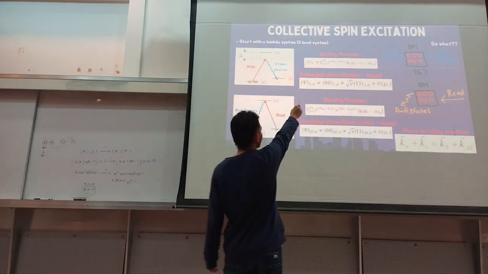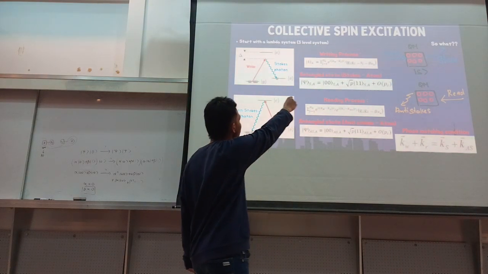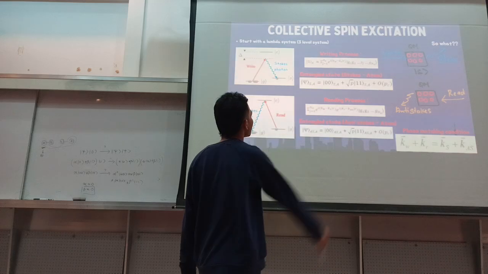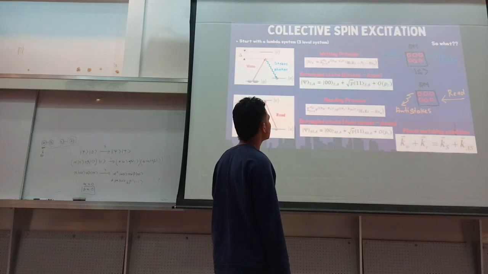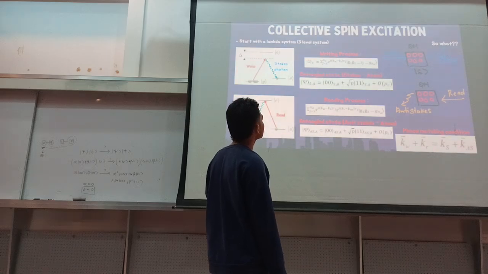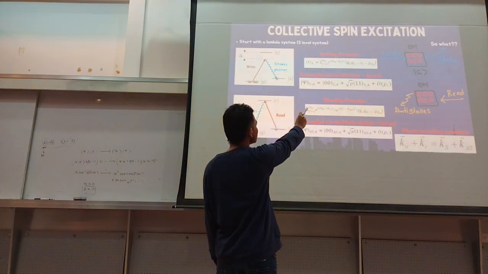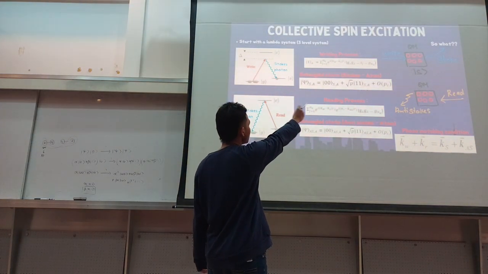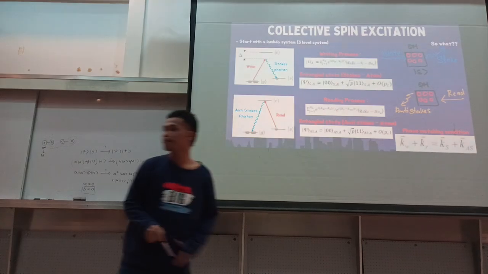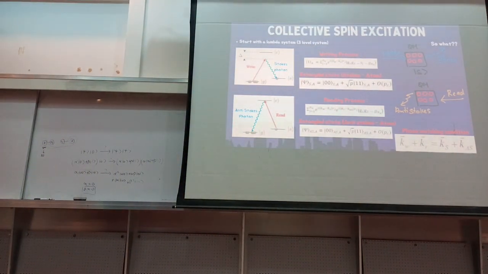But over here you have the phase term, the phase vector kW minus kS, which corresponds to the write pulse and also the Stokes photon. What the equation means is basically that all of the atoms are in the ground state, and only one gets excited to the S state.